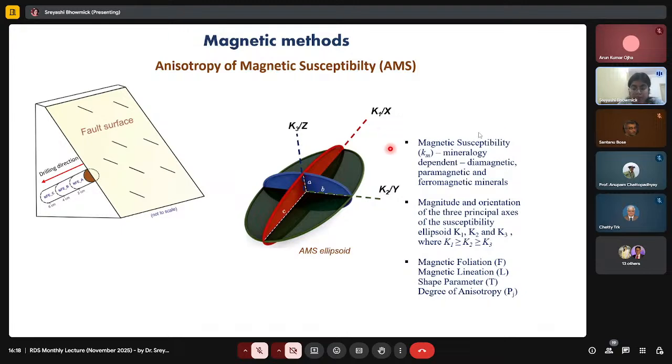Now, apart from these orientations, we also calculate a few more parameters, for example, magnetic susceptibility, which depends upon the mineralogy. So it depends on the constituent diamagnetic, paramagnetic, and ferromagnetic minerals and their proportions. Degree of anisotropy is another parameter which defines the strength of the magnetic fabric or intensity of the deformation.